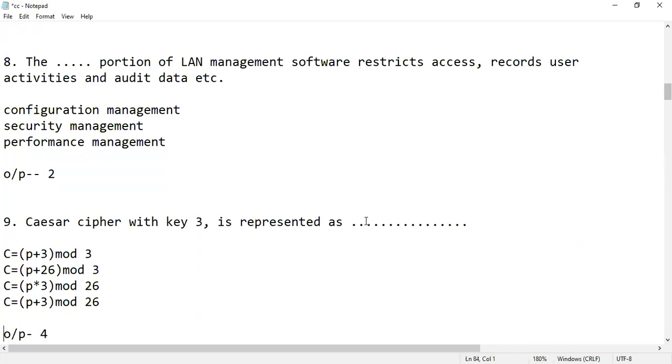The next question is, Caesar cipher with key 3 is represented as what? You need to apply the formula.